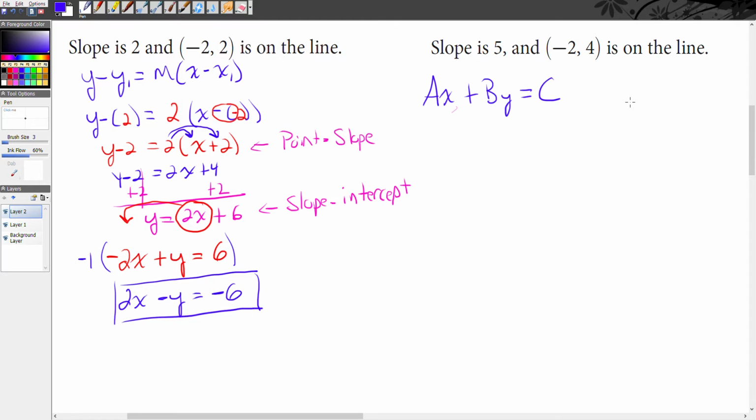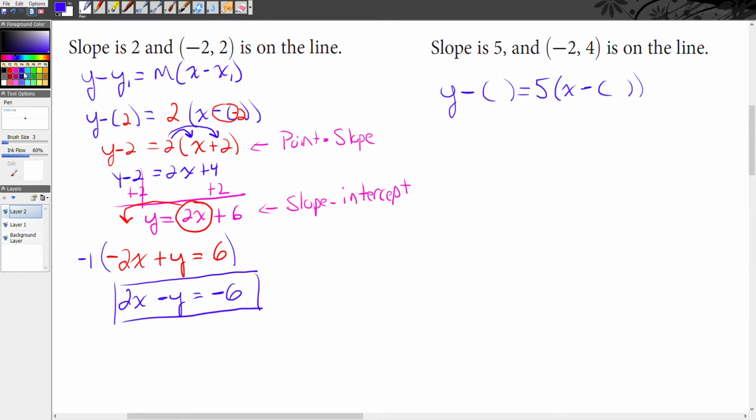All right, so let's take a look at this next example here. So we have here slope is 5 and our point is (-2, 4). So we're going to say, okay, y minus, let's put a parentheses for y1, equals our slope 5 times x minus and a parentheses for x1.